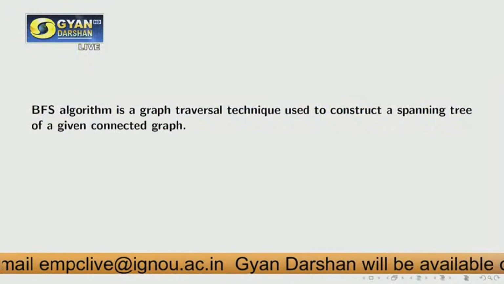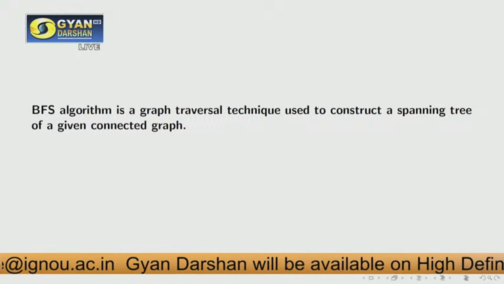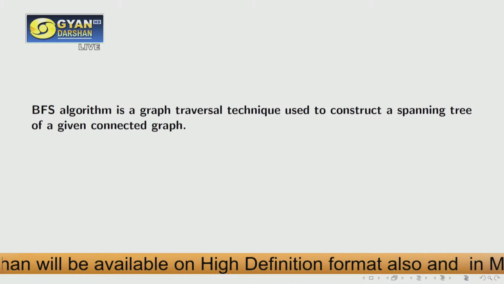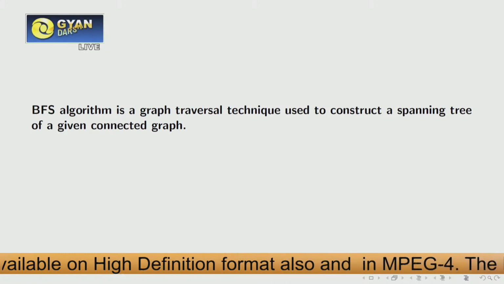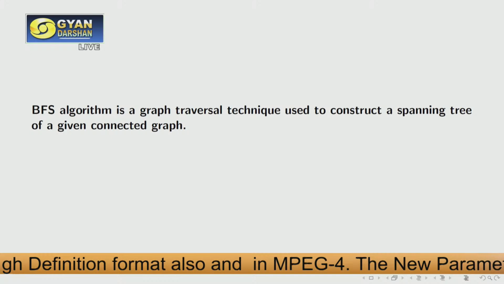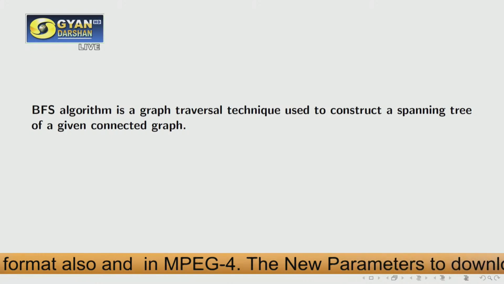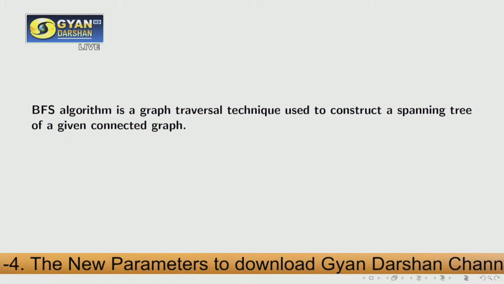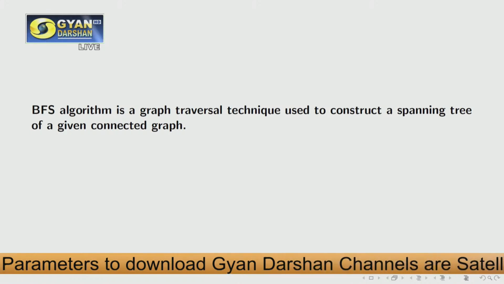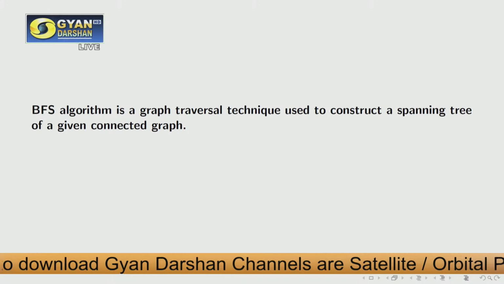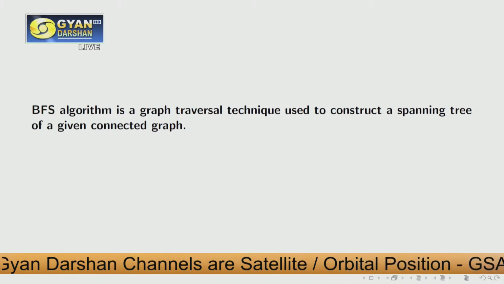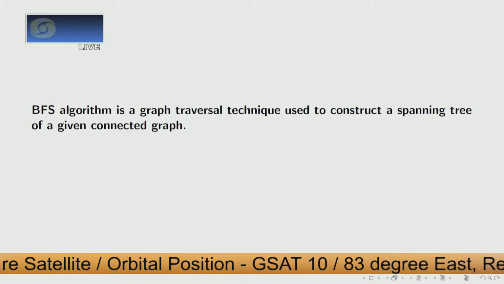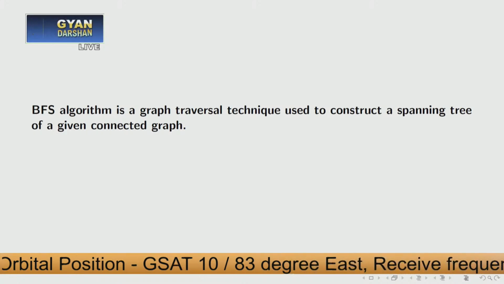It is a graph traversal algorithm. Traversal algorithms generally traverse the vertices of the graph given as input in such a way that when we visit a vertex v from the current vertex u, that visit only takes place if there is a direct edge from u to v.